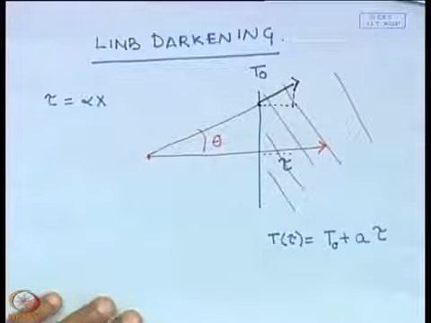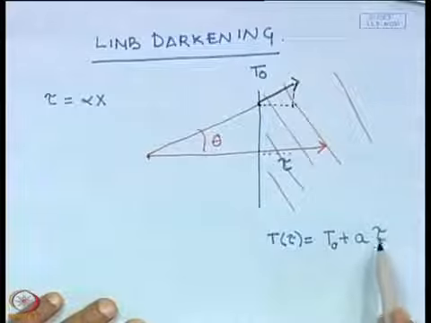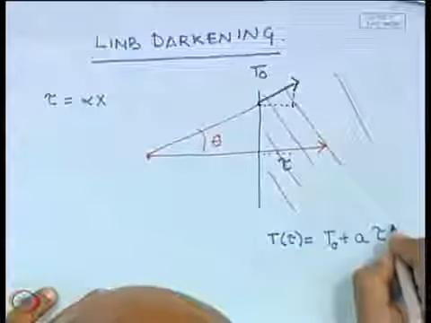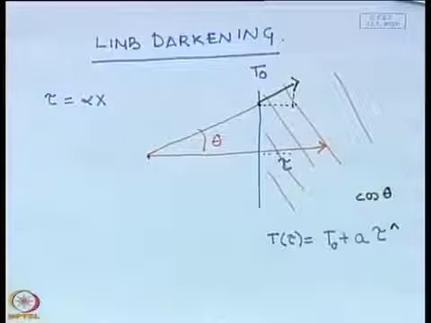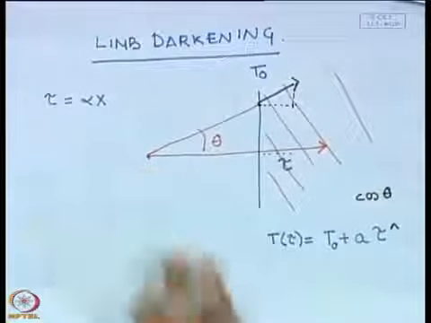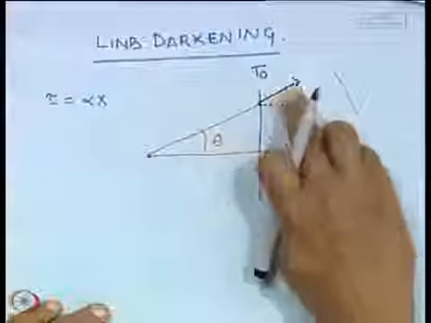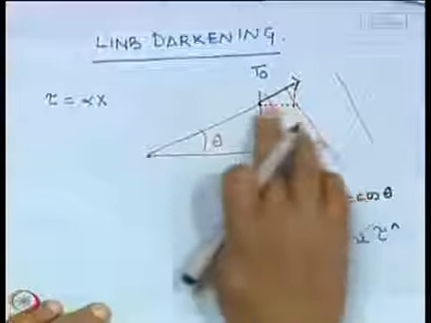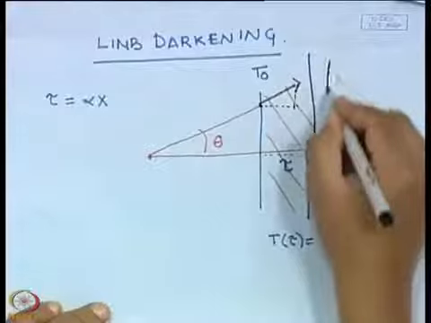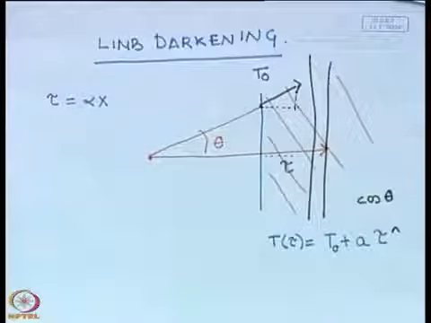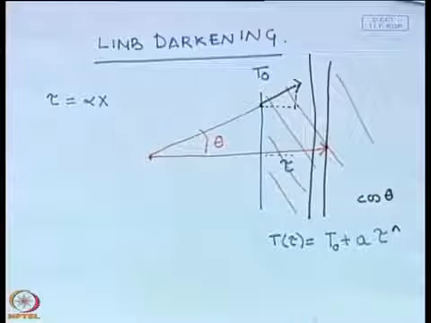So, for any angle theta, this is going to be multiplied by a factor of cos theta. There will be a factor of cos theta here if I am looking at some other angle. This is if I go straight in, but if I go at an angle, the optical depth is going to increase, but I am not going to go the same distance inside the material. So, the temperature increases like this, and I am now going at an angle, so the temperature increase is not going to be as much, it will be less.